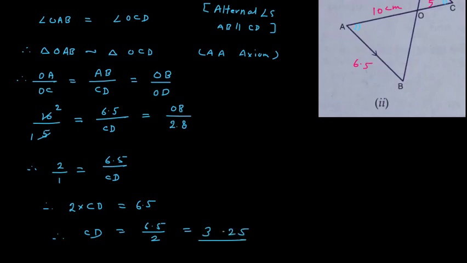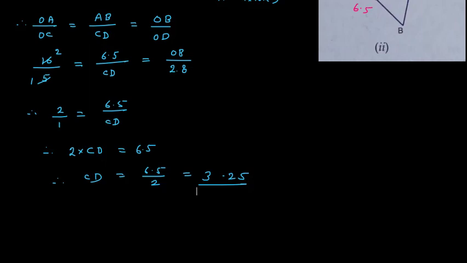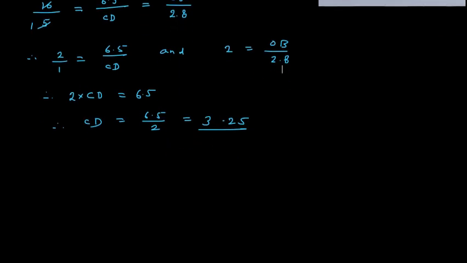The value of CD is 3.25. Also this 2 upon 1 we can write as 2 is equal to OB divided by 2.8.